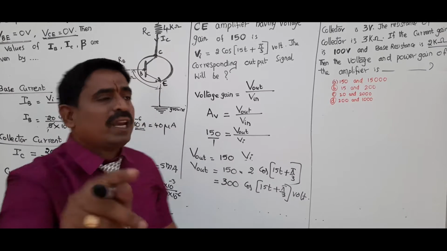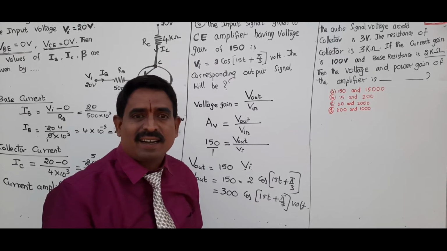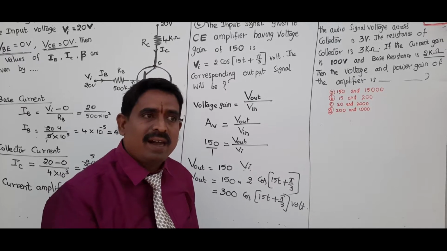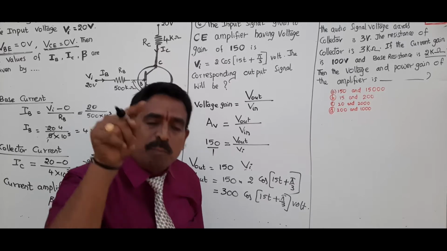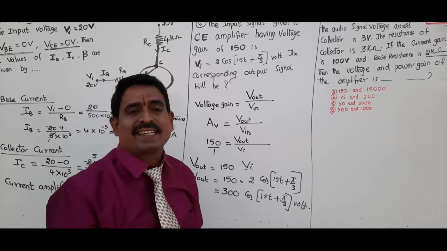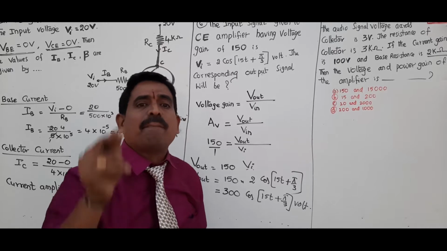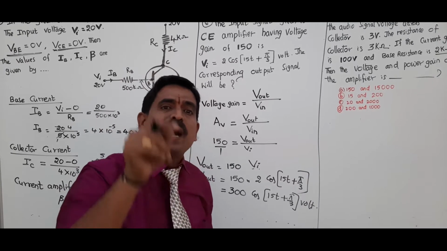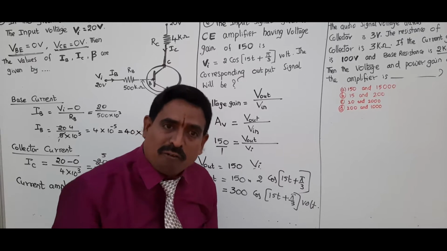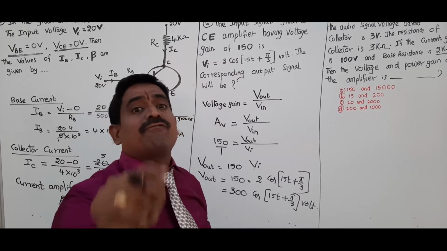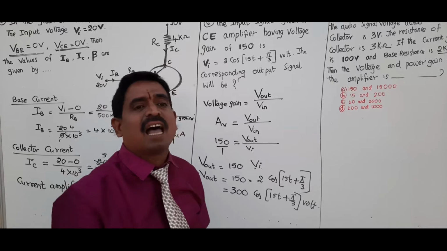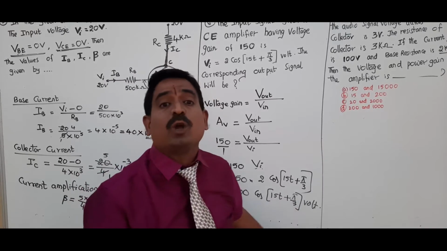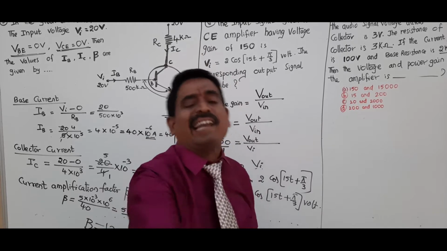But you remember, in a common emitter amplifier, the phase difference between the output voltage and input voltage is 180 degrees or pi radians. To this output voltage, you add pi radians.